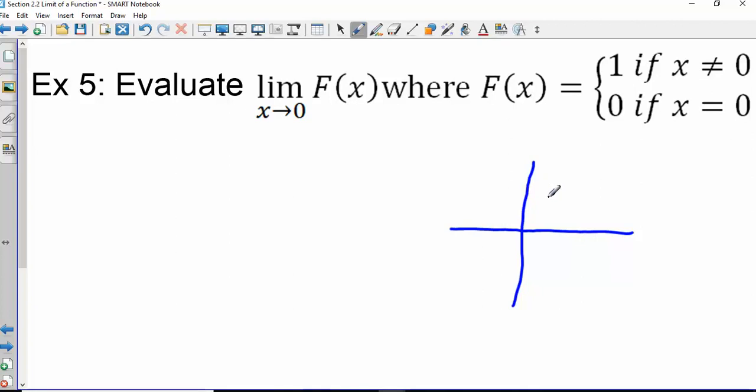What's that look like? When x is 0, we get an open circle, and everywhere else is 1, so this is a horizontal line. And 0 if x equals 0, what's that?